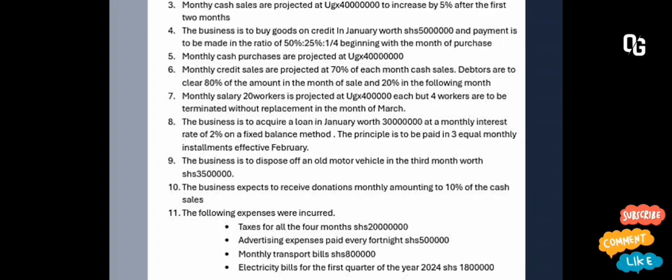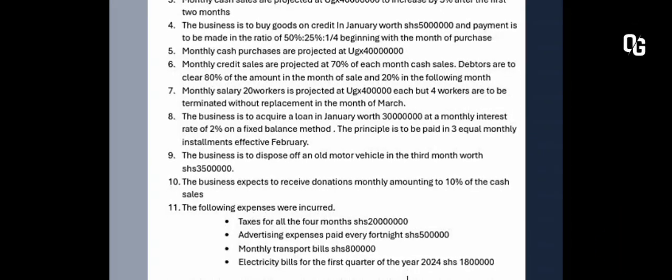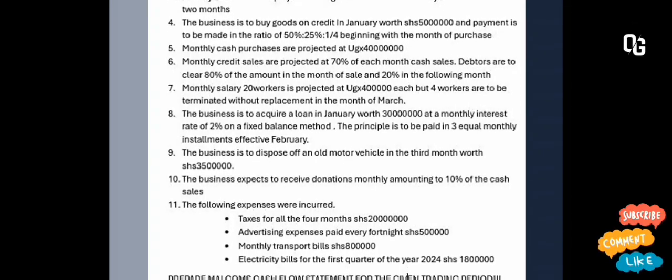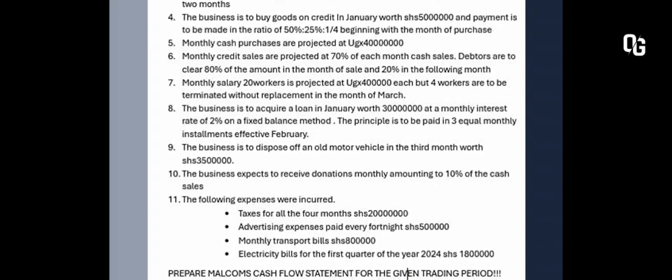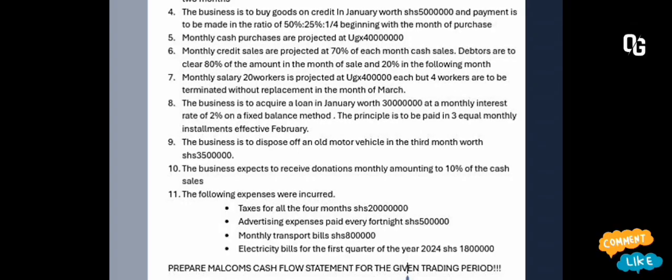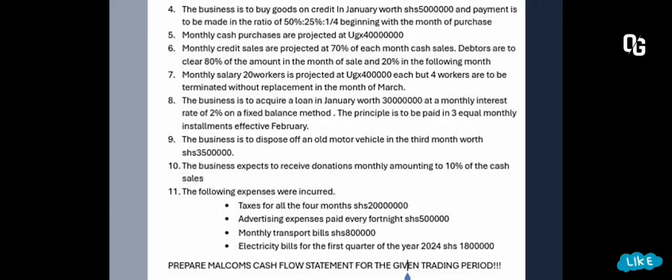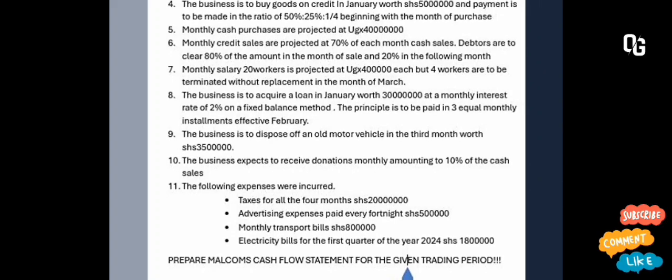This is because we're given three ratios: the ratio of 50% to 25% to a quarter. This indicates that the money was split three-way. So our goods on credit, the goods we purchased on credit as a business, have been distributed in that way.